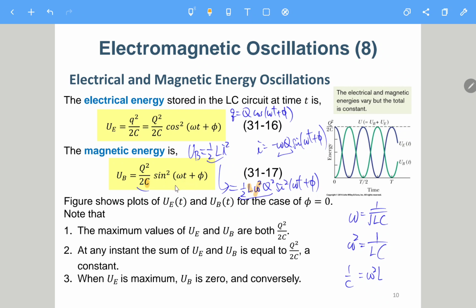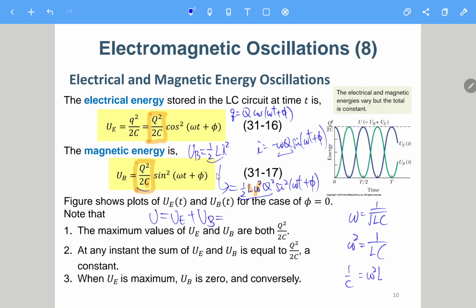The point here is that this is Q squared over 2C, and this is Q squared over 2C. So when we add them together, UE plus UB is the total energy, U equals UE plus UB.